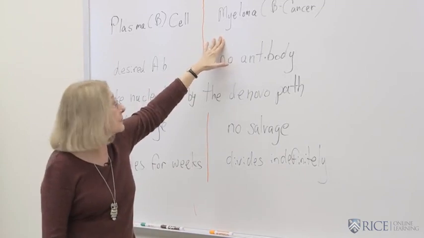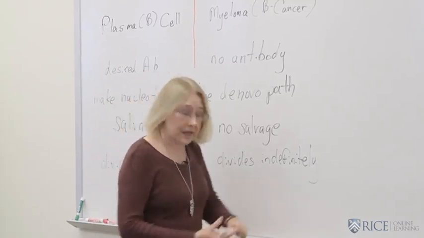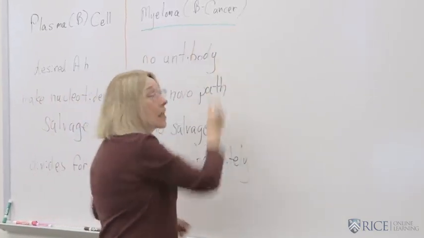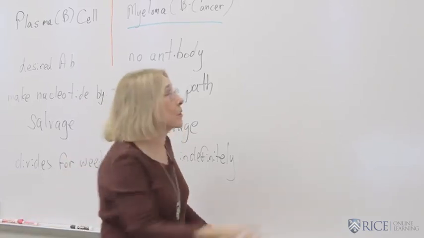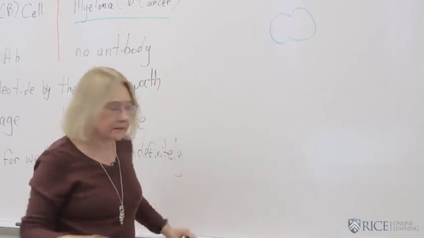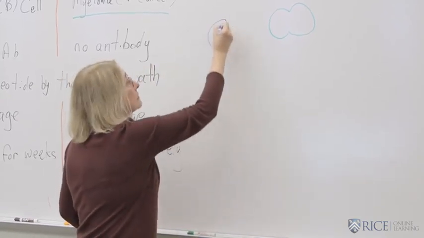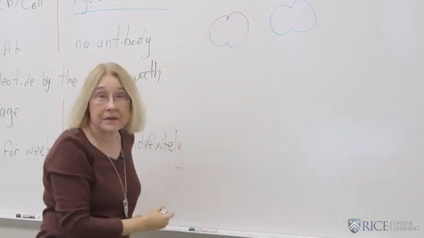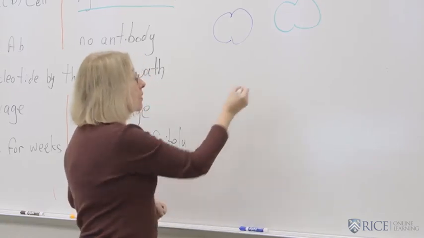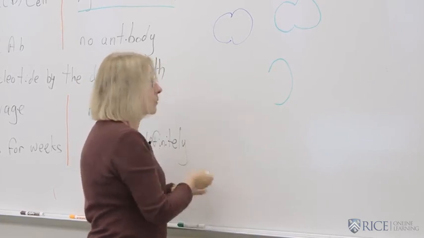So what happens then is, unfortunately, there's no telling whether I'm going to get two myeloma cells fusing, which does me no good, or two B cells fusing, which is not going to do me any good either, or what I really want, a myeloma cell fusing with a B cell.